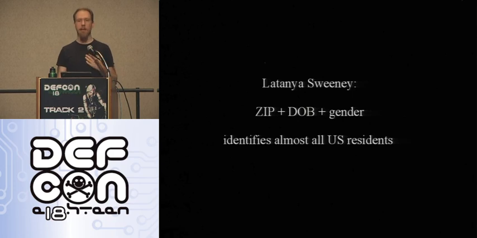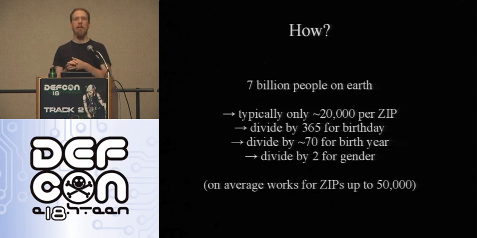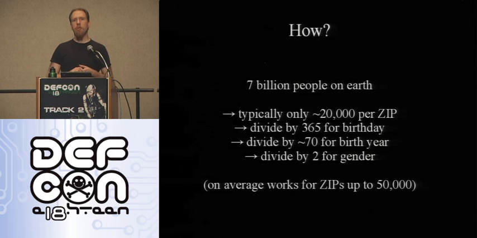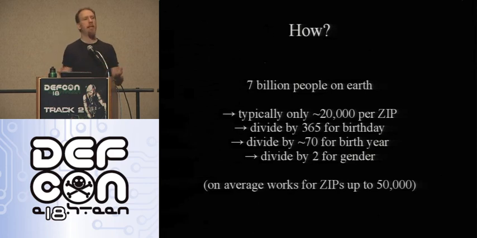Now that's a bit surprising and counterintuitive, so let's see how it happens. If you start with 7 billion people on the face of the planet Earth, you rapidly narrow yourself down, if you know a zip code, to a group of about 20,000 or maybe 50,000 people, maybe in some cases 100,000, but not very many. And then you can divide that number by 365 because you know their birth date.